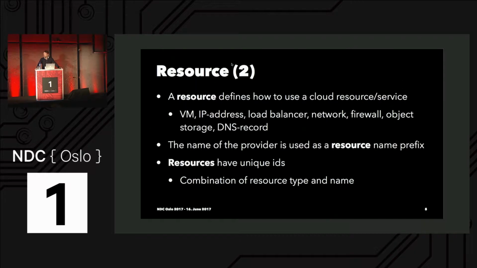And the name of the resource is a combination of the provider name, which is used as a resource name prefix, and a unique ID that you specify yourself. And that's not going to be the unique ID that you typically find within the context of a particular cloud provider, but local to your Terraform configuration file.